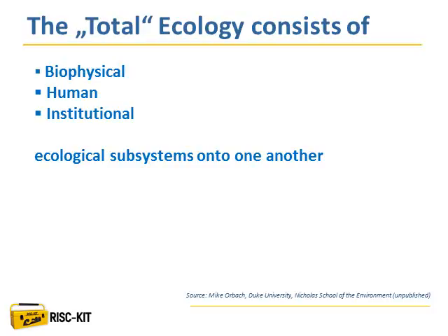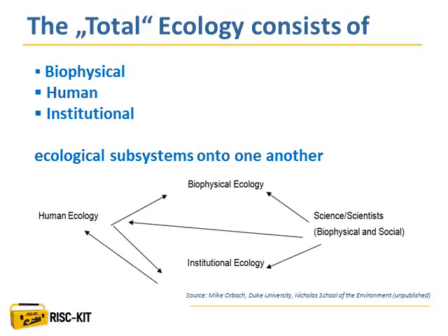To sum up, the total ecology consists of a biophysical ecology, a human ecology, and an institutional ecology. Those three systems are bound to each other.